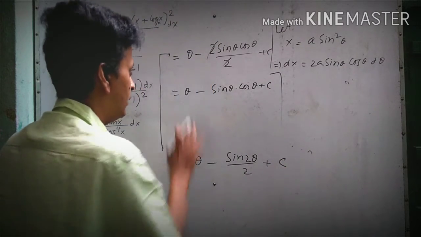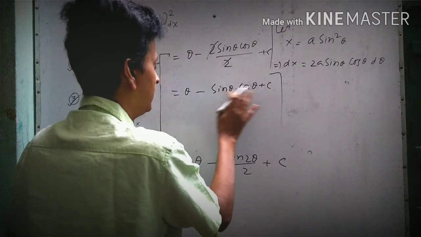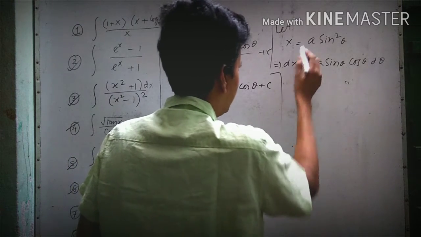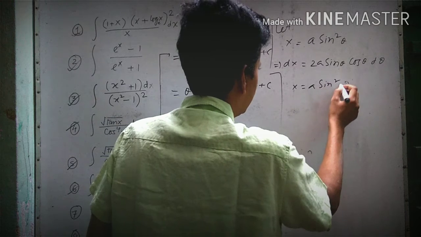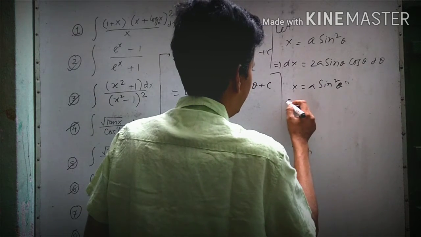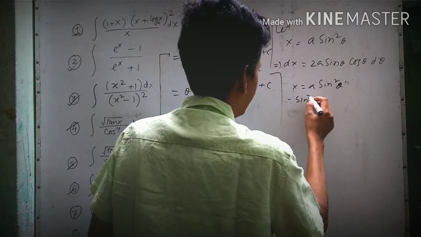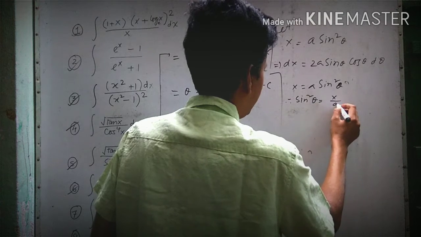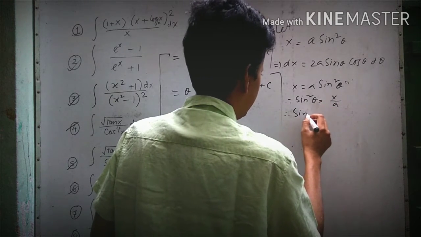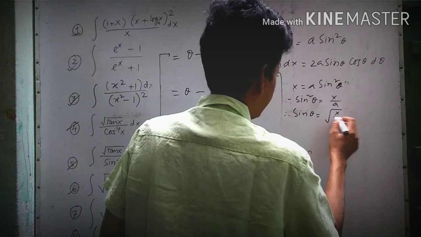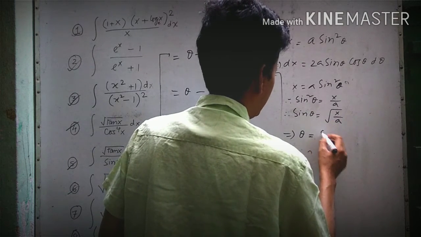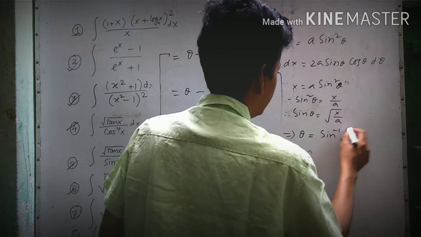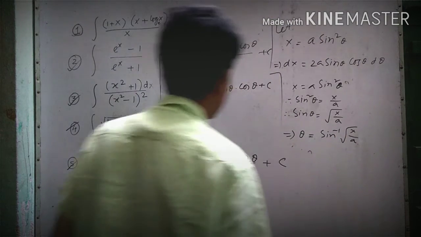Now we have to find the value of theta, value of sin theta and cos theta. So here we get x equal to a sin square theta. Therefore, sin square theta equal to x by a, that is sin theta equal to root over of x by a, that is theta equal to sin inverse root over of x by a.